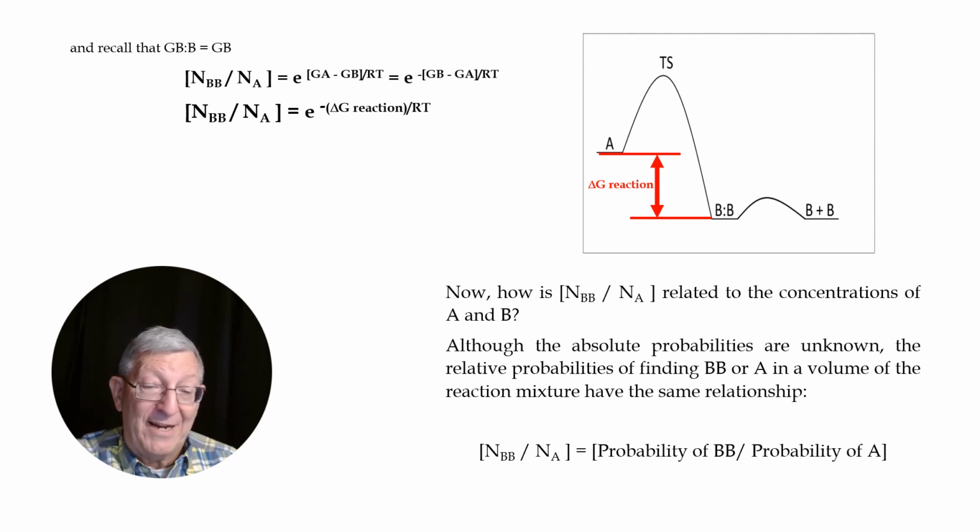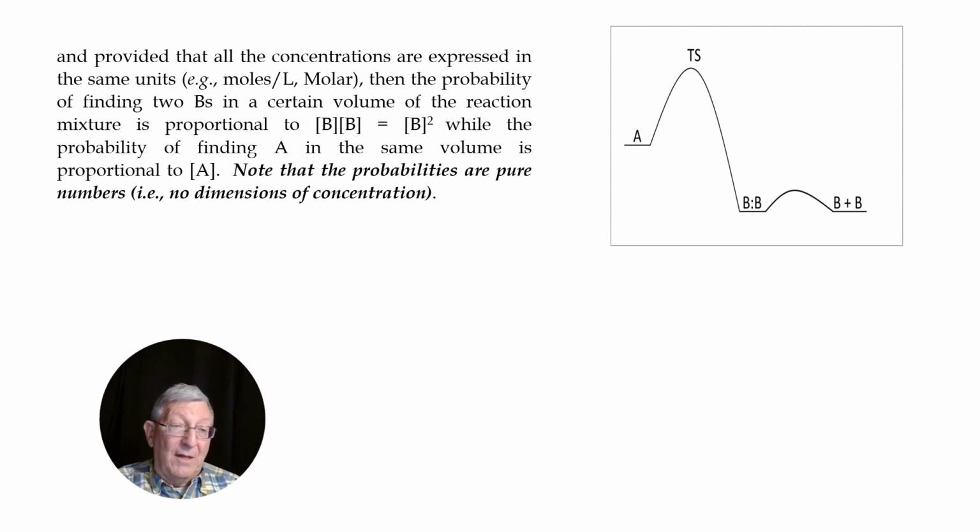That's what I have here at the lower right hand corner of this equation. And then we understand that the ratio of the probabilities are going to be proportional to the ratios of concentration, which is straightforward. And so I can use the ratios of concentrations as a surrogate for the ratios of probabilities.